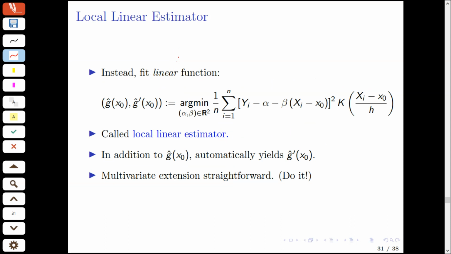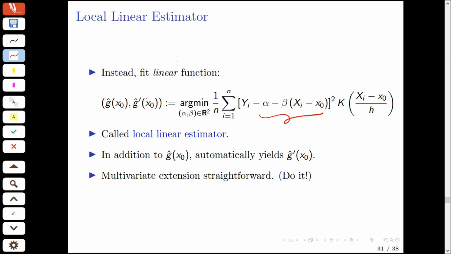So now let's look at the resulting minimization problem, where instead of just using a constant, we've also added a term which is linear in the difference between regressors and our point of interest, but is otherwise the same expression. Now, the solution to this problem gives rise to what's known as the local linear estimator, where the name comes from this linear term, as well as estimation being local in the sense of being at a point.